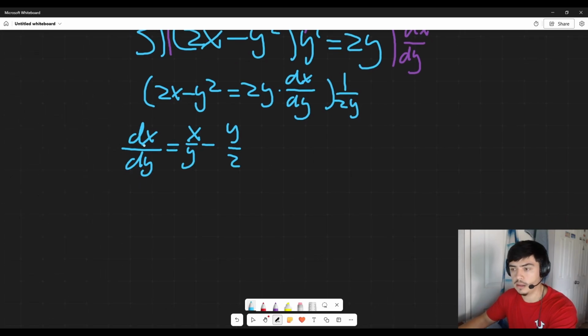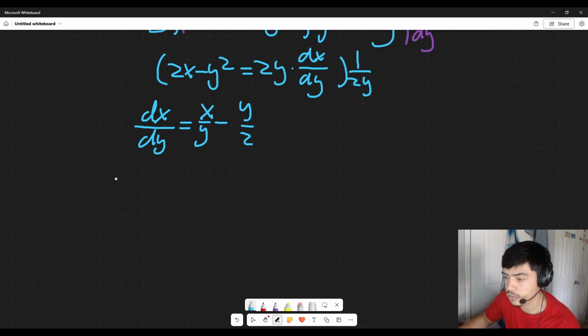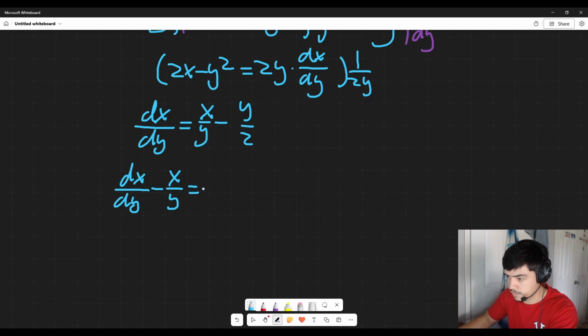Now we have dx dy isolated. Now we need to get a function of y on the right side by itself. So subtracting this x over y to the left side, we get dx over dy minus x over y equaling negative y over 2.